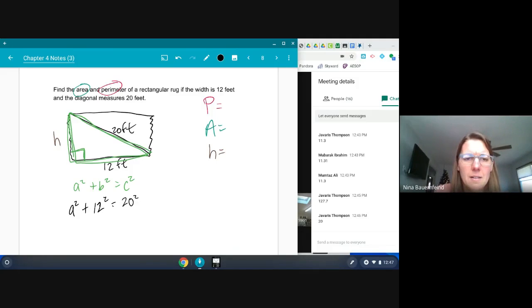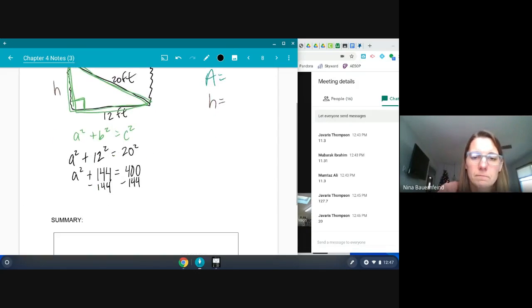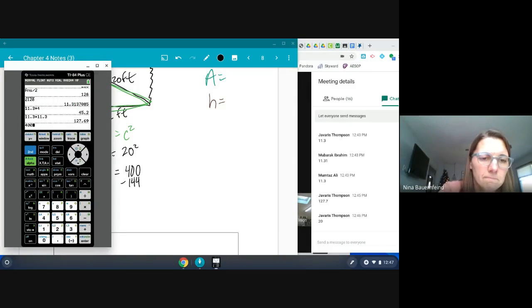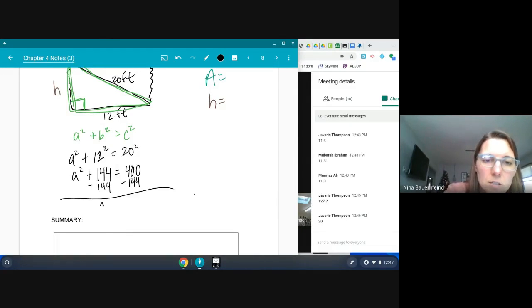Doesn't matter. So a squared, you just need like a letter to hold the spot for the unknown number. It's called a variable. 20 times 20 is 400 minus 144. It's 256. So a squared equals 256.